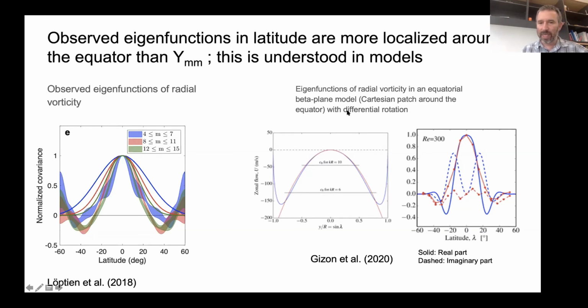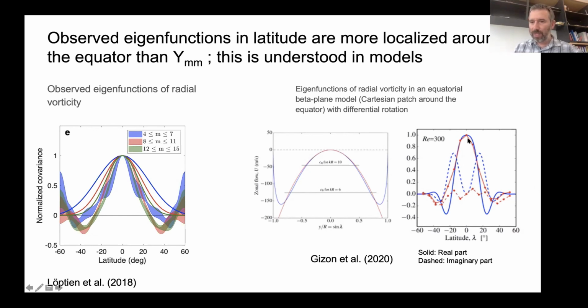And the interesting thing is that if you look at that equatorial beta plane model, but you include differential rotation, and that's shown in this panel in the middle, you can compute the eigenfunctions, and you see that they look reminiscent of the observations.